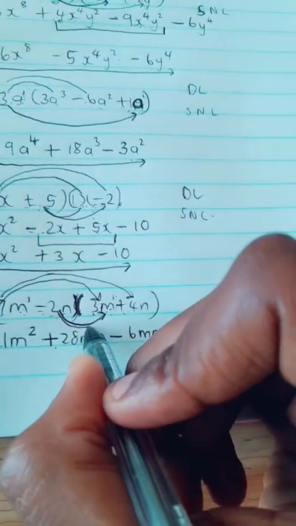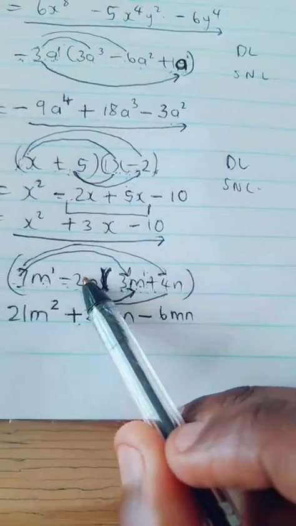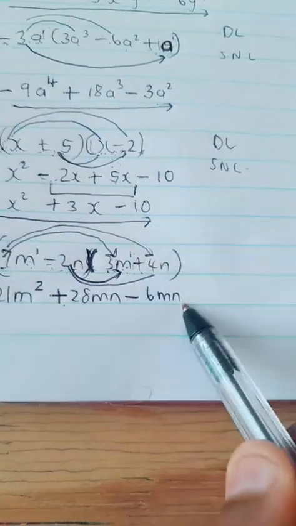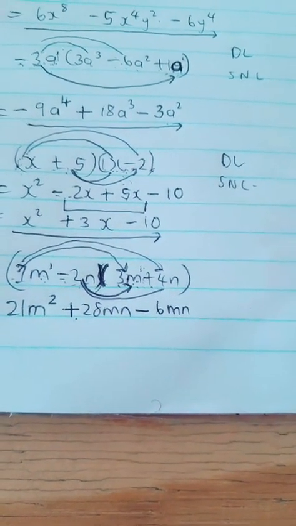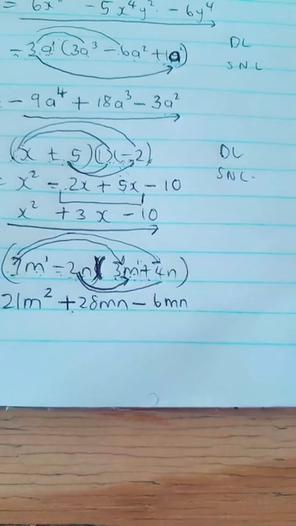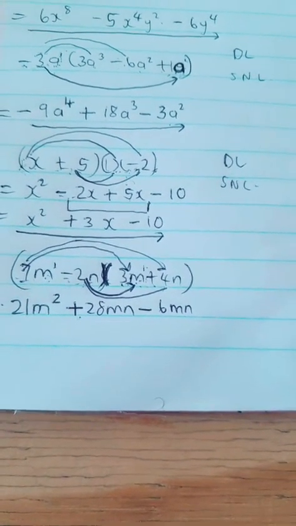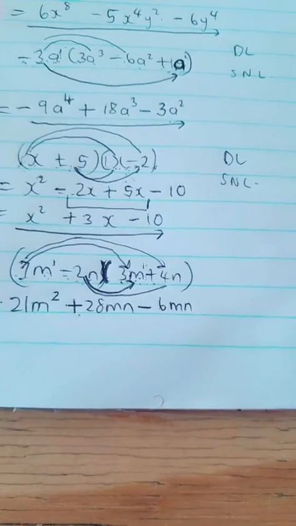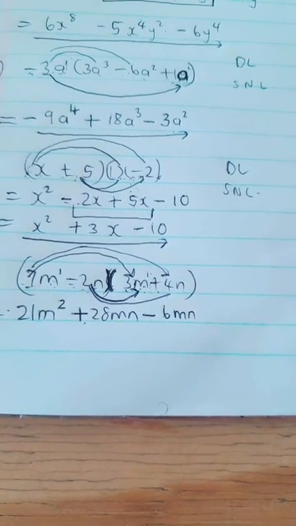Then last term, negative 2n times 4n. Negative 2n times the positive 4n. What do we get? Nomi says 8n squared. Snowgotla says 8n squared. Norma says negative 8n squared.